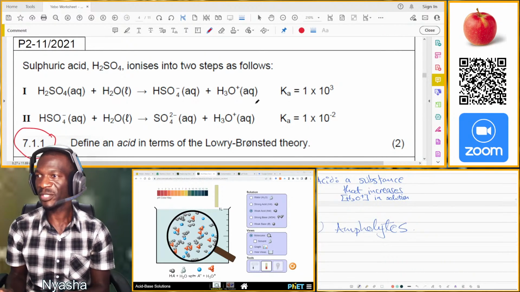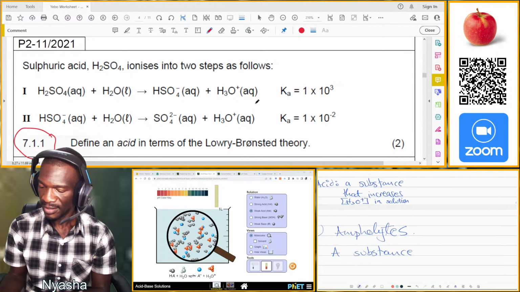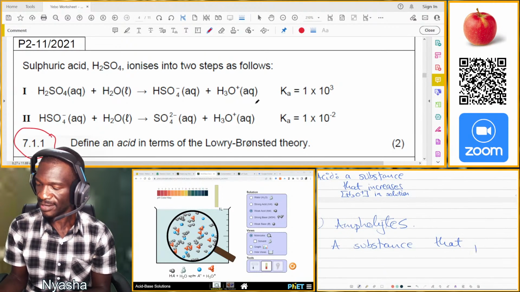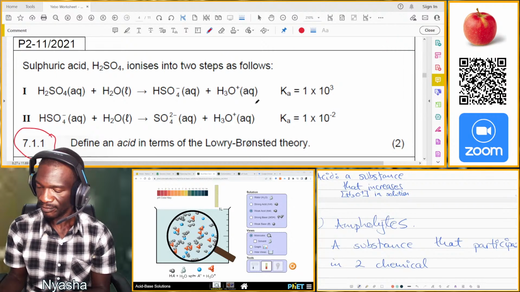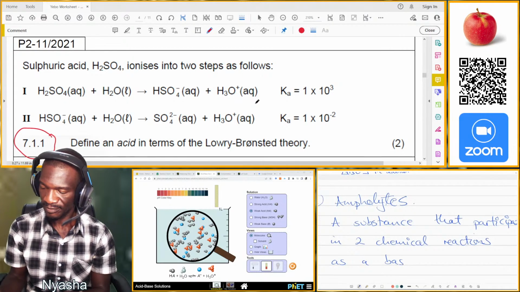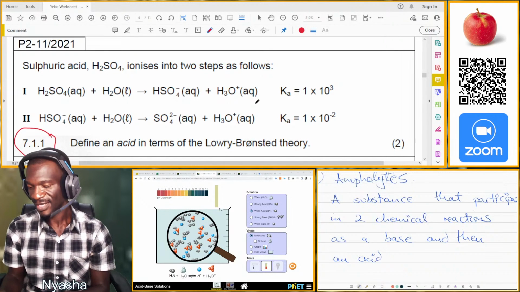So in what we are going to discuss, all we are looking for is a substance that participates in two chemical reactions, as a base and then as an acid separately.